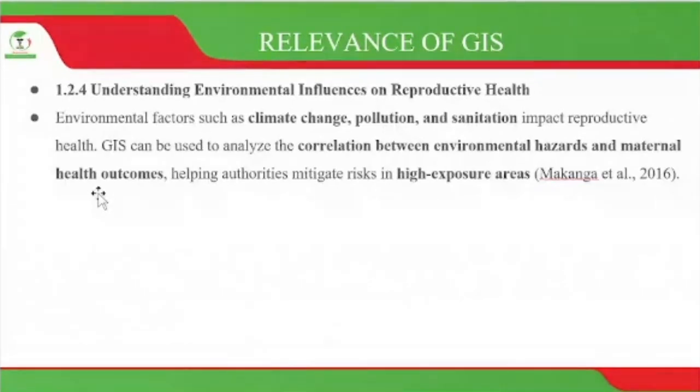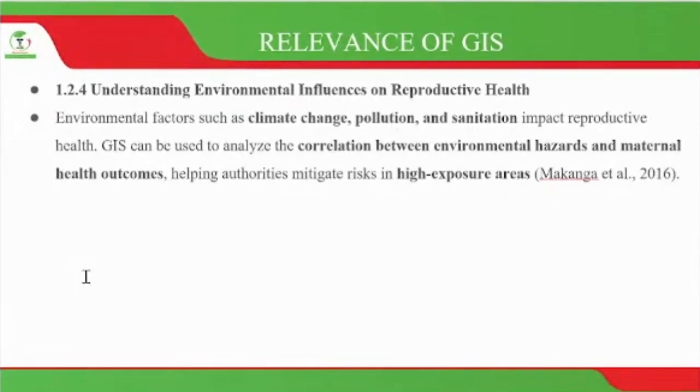So we are saying that it can help us understand environmental influences on these different sectors. Environmental factors such as climate change, pollution, and sanitation can impact reproductive health, businesses, and several other issues. So GIS can be used to analyze the correlation between environmental hazards and maternal health outcomes, helping authorities mitigate risks in high exposure areas.